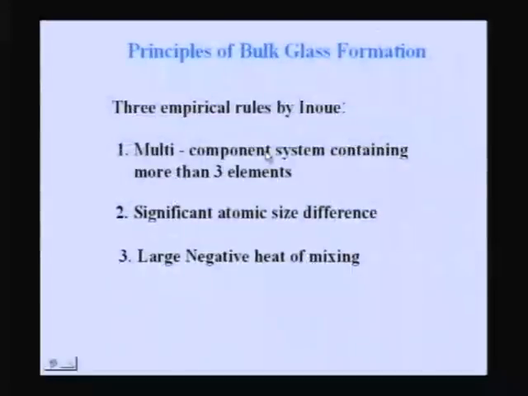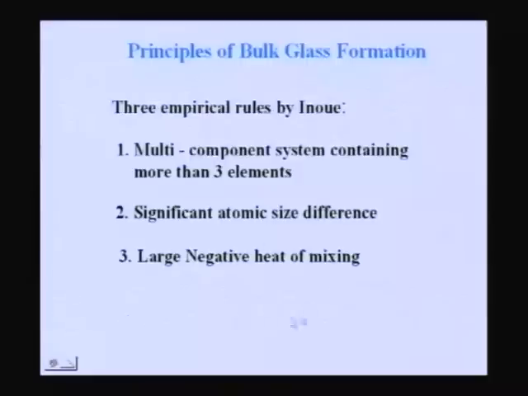But coming to the bulk metallic glasses itself, under what condition can a bulk metallic glass form? People have thought of basically three criteria. One is that it should be a multi-component system, otherwise you will not get a bulk glass. Second, it should have a significant atomic size difference, the size factor should be large.